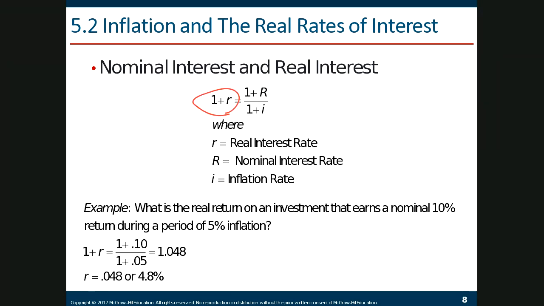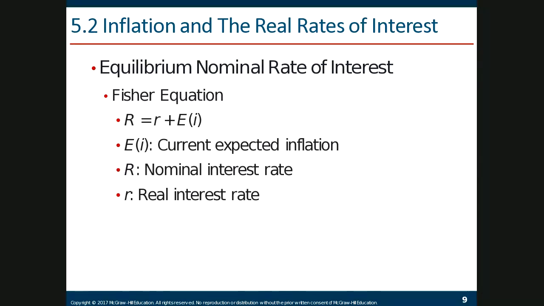So if you multiply both sides by 1 plus R, then we can get 1 plus R times 1 plus I should be equal to the total compounding effect of 1 plus nominal return. So if we expand all these brackets, it will be more than just this R plus expected inflation.